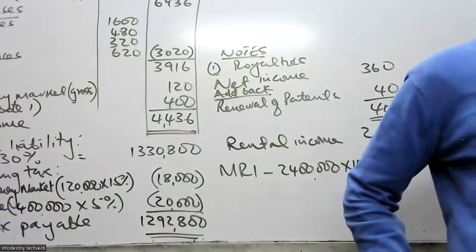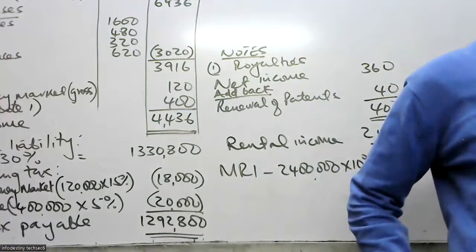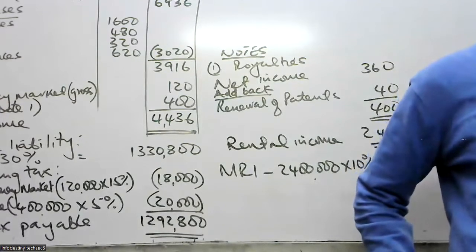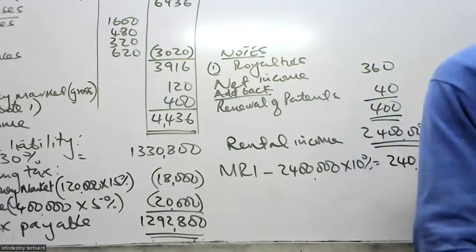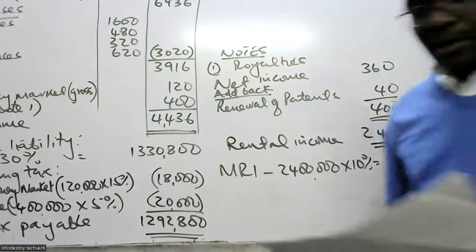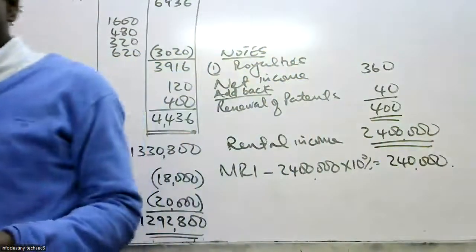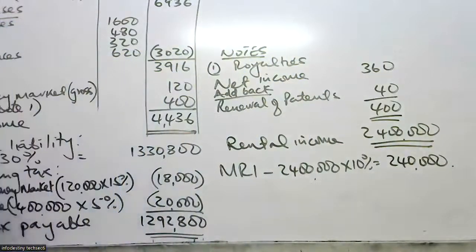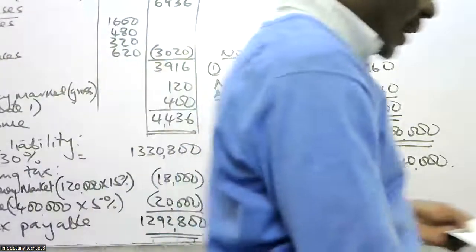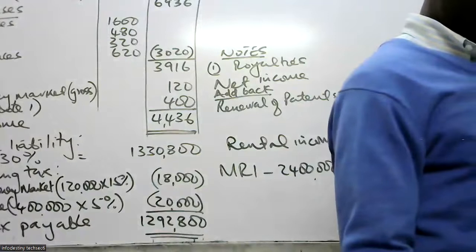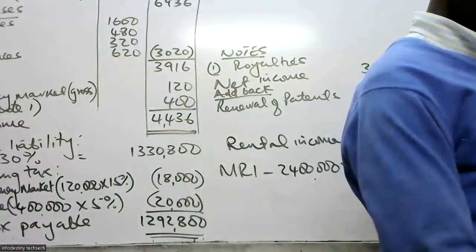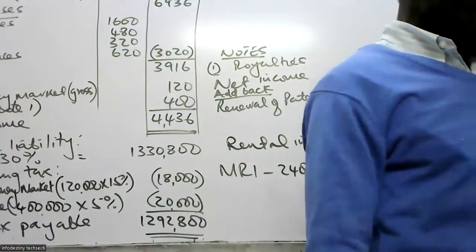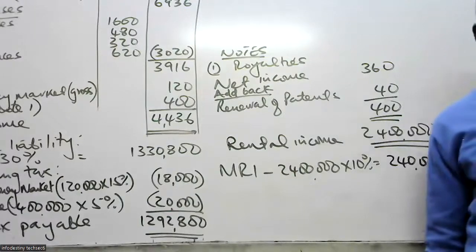Required: 1, explain the meaning and operation of digital services tax, DST, and 2, describe 3 types of transactions where DST is applicable. So we'll answer A, meaning and operation of digital services tax.